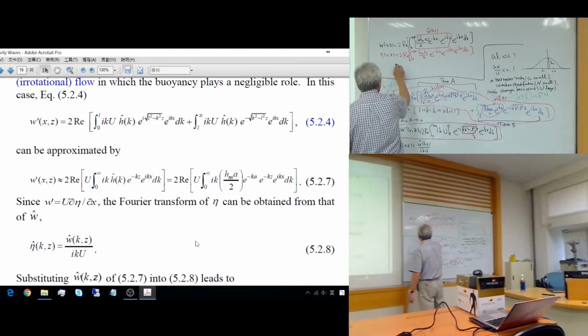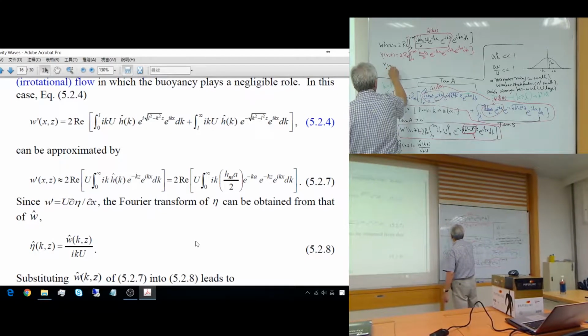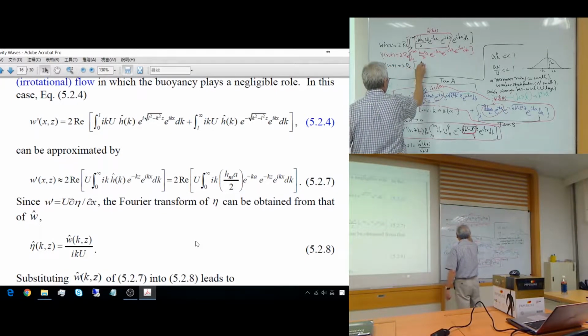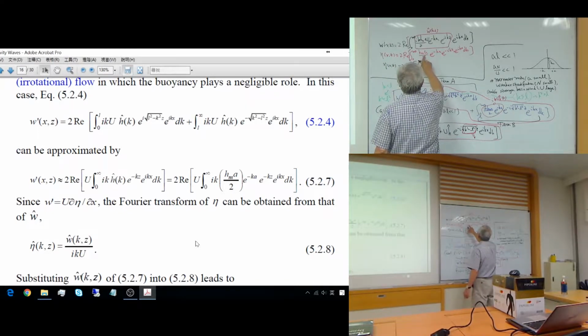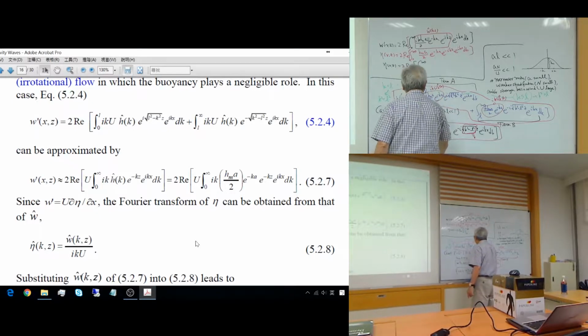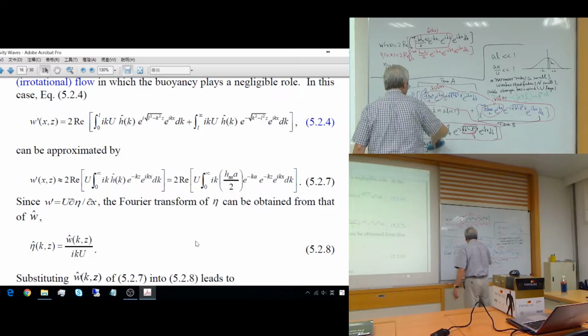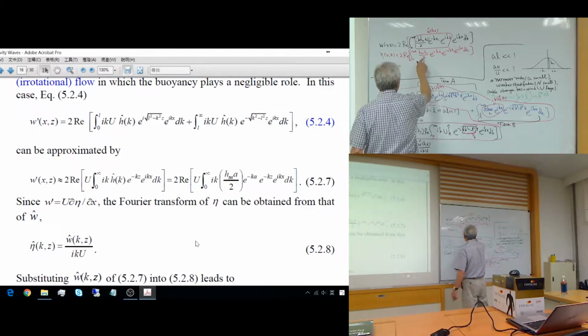So eta of xg will be equal to the real part of 0 to infinity of 2a hm. We can pull that out, 2 cancels out.